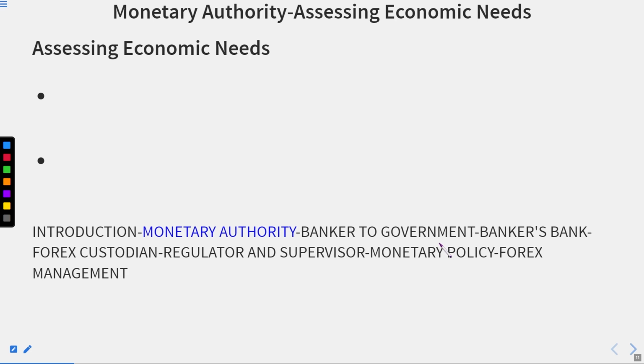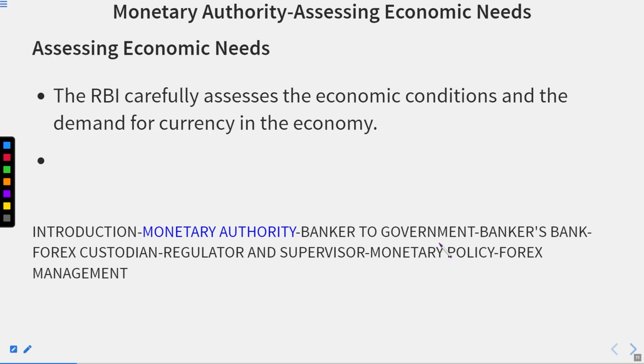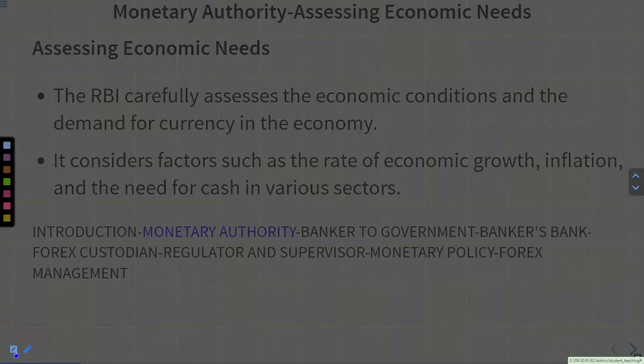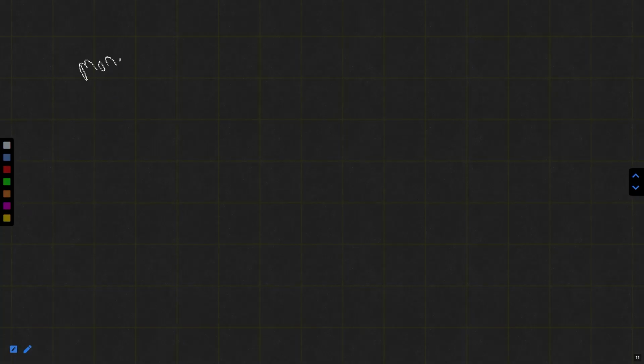So basically, in monetary authority, first we have assessing economic needs. The RBI carefully assesses the economic conditions and the demand for currency in the economy, considering factors such as the rate of economic growth, inflation, and the need for cash in various sectors. So what happens when we talk about monetary policy?